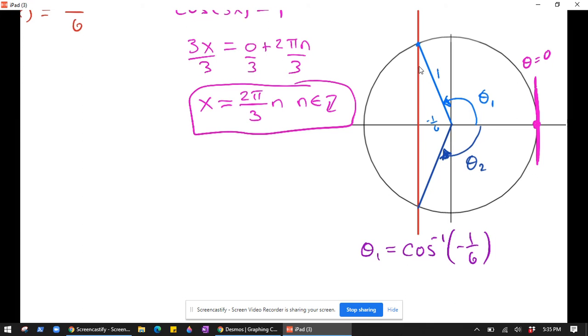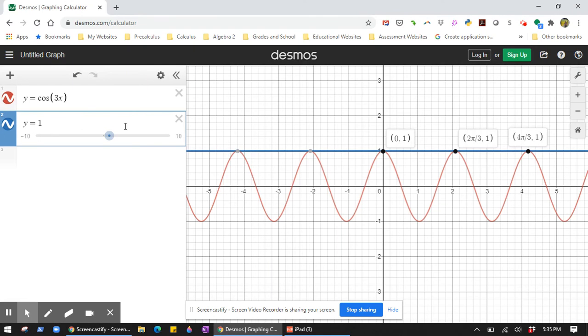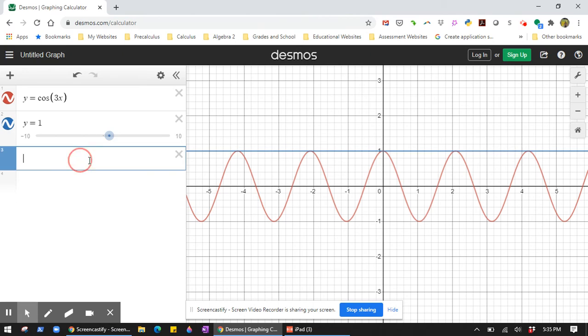So let's go see what that is. Down here, I'll just use this cos inverse of negative 1/6. I get 1.738.